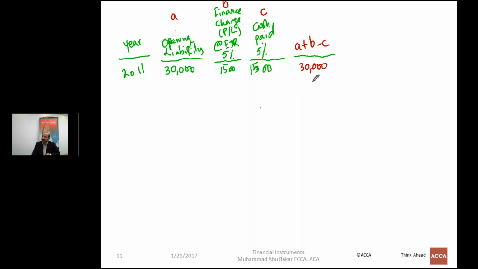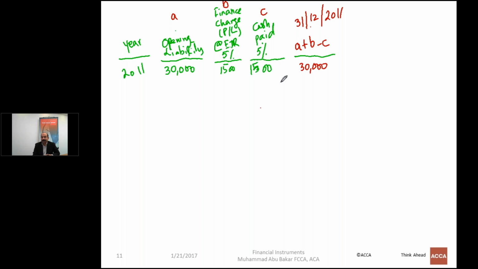Now at the end of 2011, this figure we reached on 31st December 2011. But at this date, there are changes in the interest rate. Go back to your illustration.